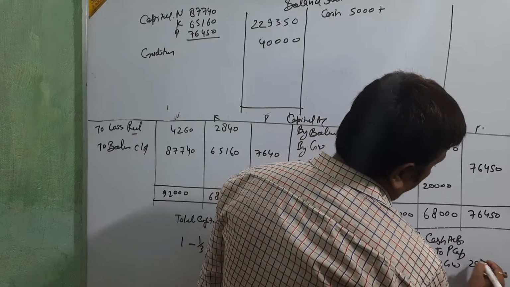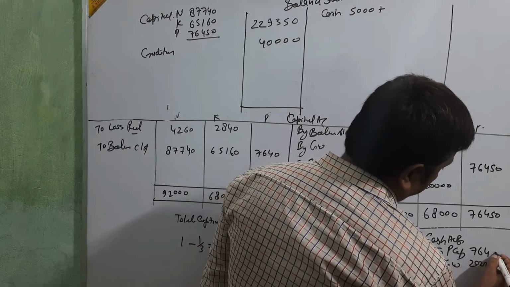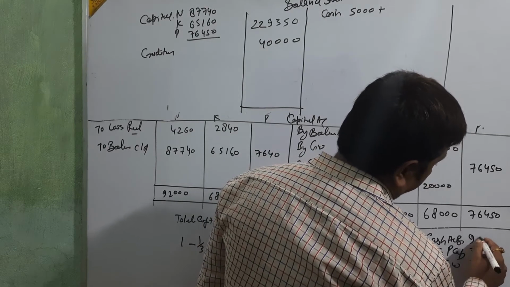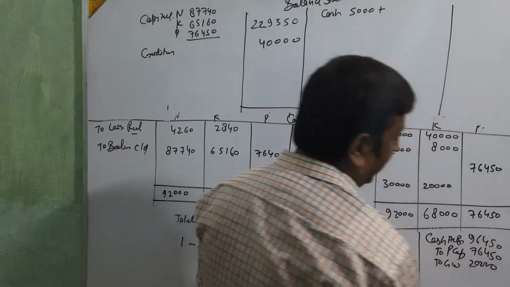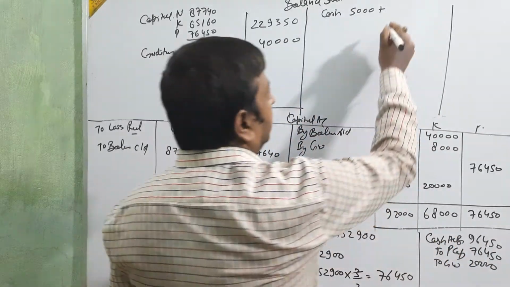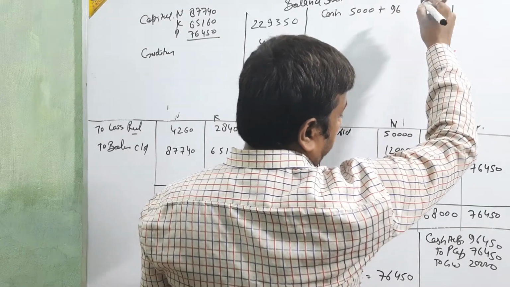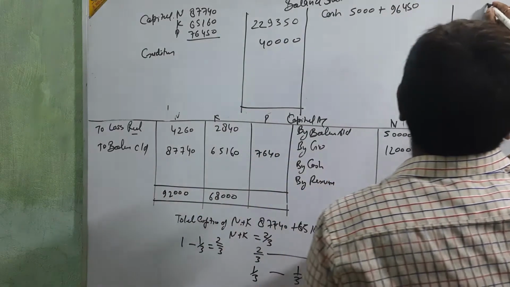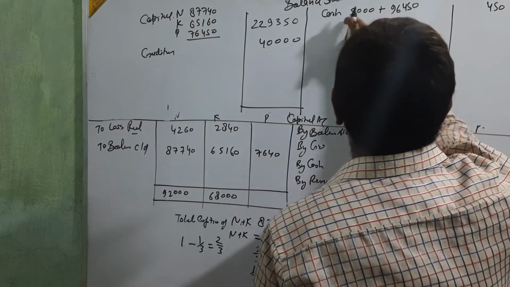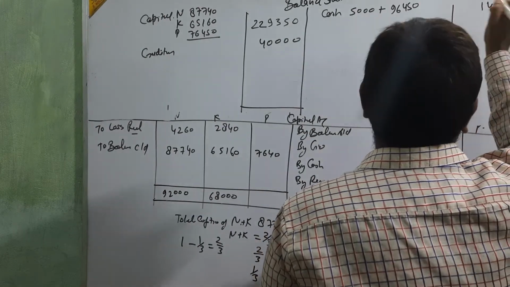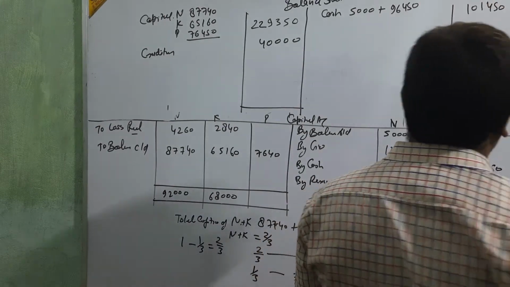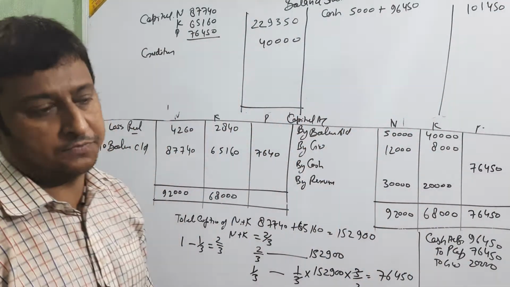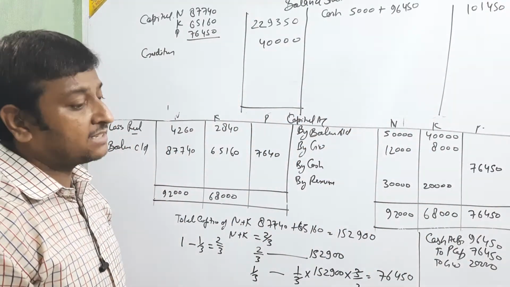Goodwill is 20,000, and it's 76,450. Then 96,450. So cash will add 96,450, making 1,01,450. Okay. Next.